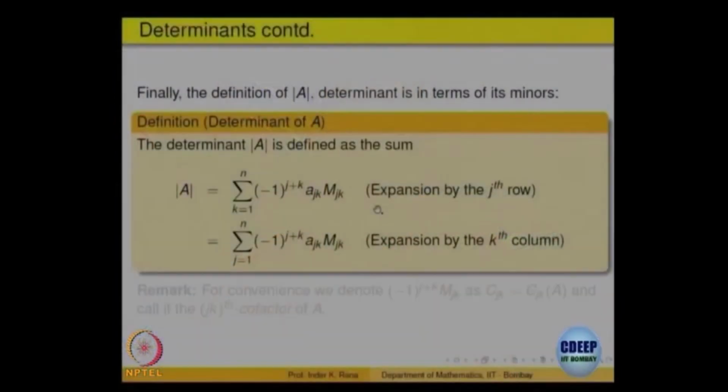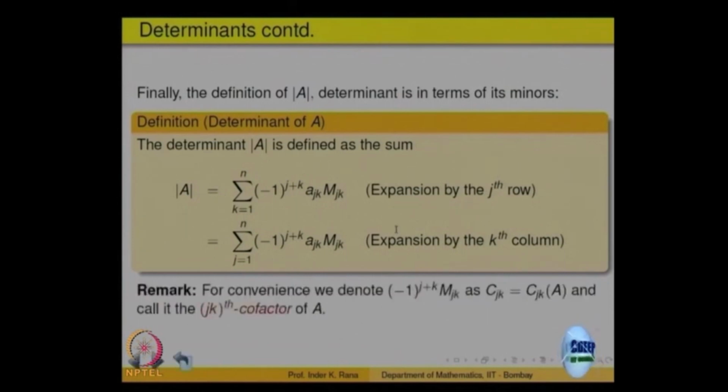So, this gives you existence, and one shows that defined this way there is only one concept of determinant, meaning what? That this definition of determinant, whichever row or column you take, has those three properties. So, it is a slightly deep theorem. It has all those three properties and each one of them will give you the same value, right.